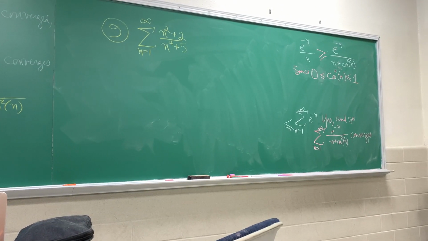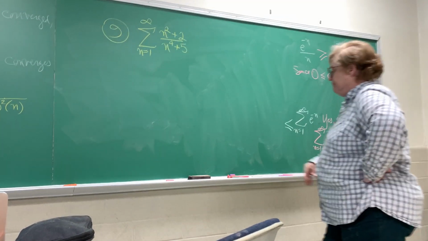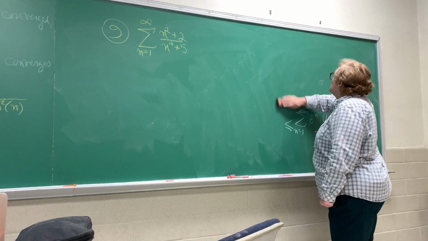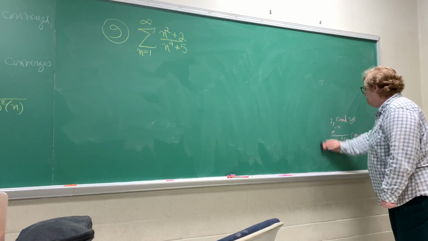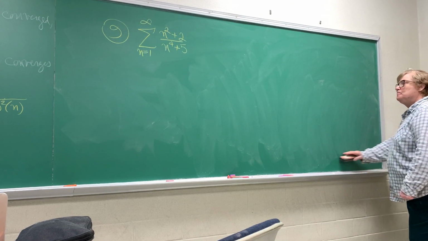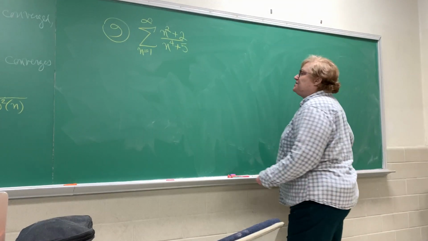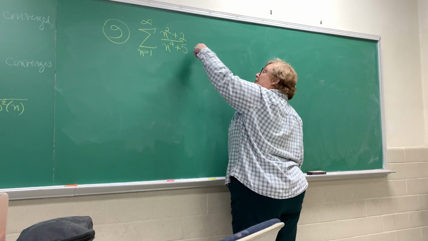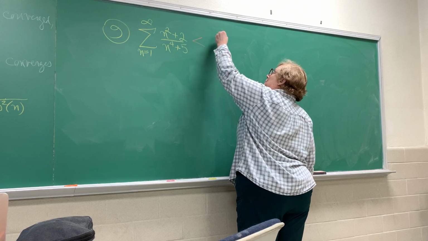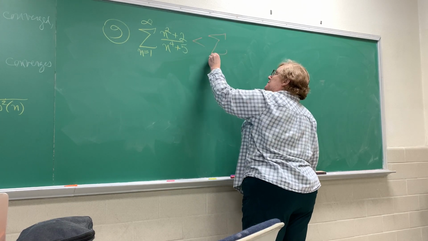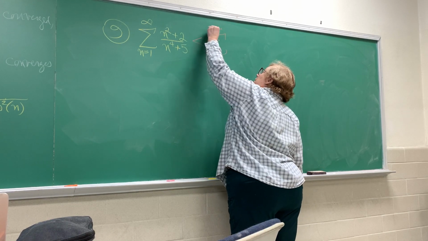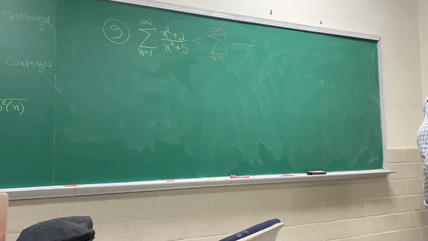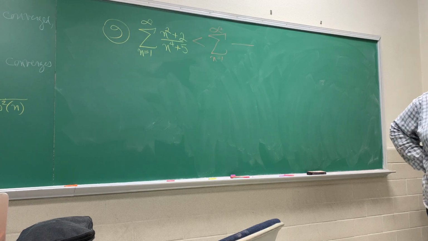And we're thinking about comparing. So what could I get rid of in this fraction so that I would have a correct inequality symbol here? Can I get rid of the plus 2 in the numerator?